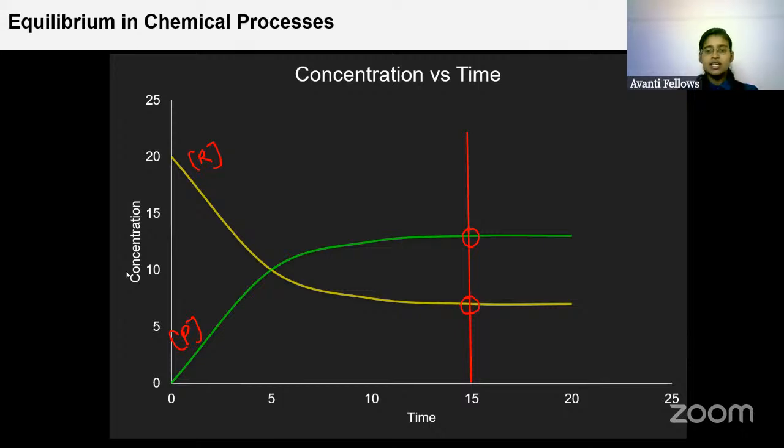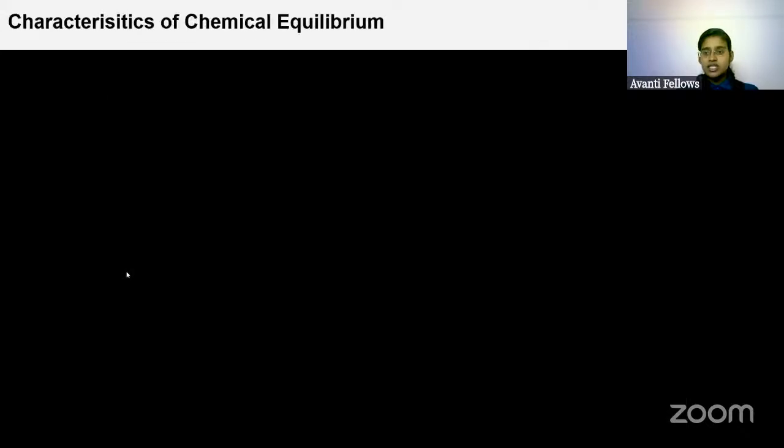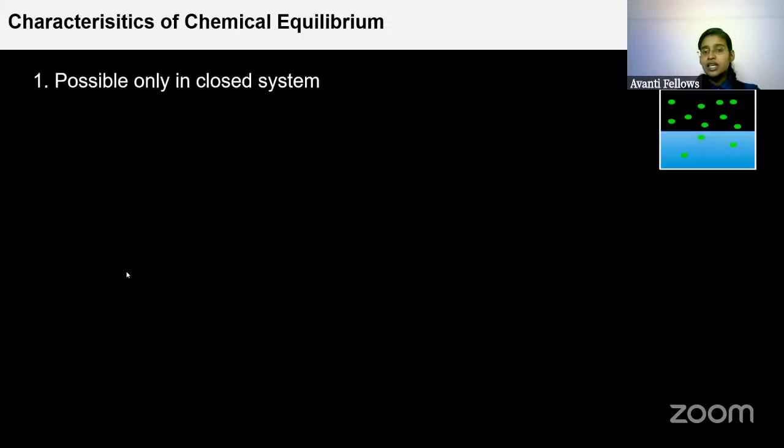Now let's study the characteristics of this chemical equilibrium. We have studied 3 points under physical equilibrium, right? In the same way, we are going to discuss the characteristics of chemical equilibrium. Like physical equilibrium, chemical equilibrium is also possible only in a closed system. You see here, the system is closed.